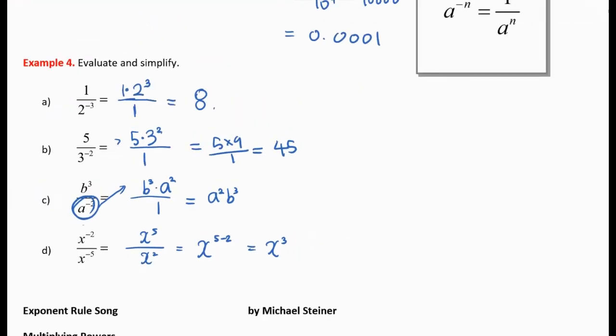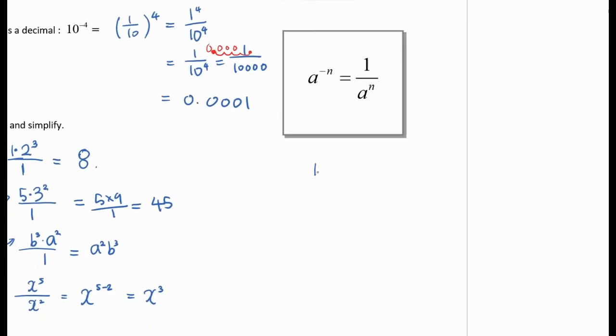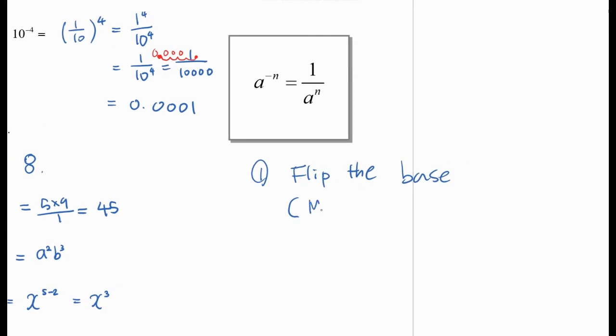So remember, everyone, there are 2 steps when you have a negative exponent. First, flip the base, or move the location. Top goes to the bottom, or bottom goes to the top.